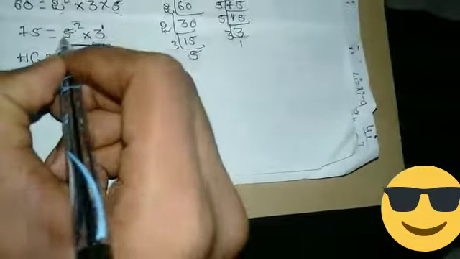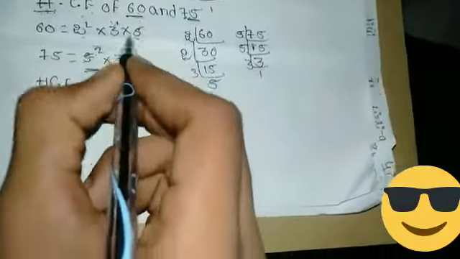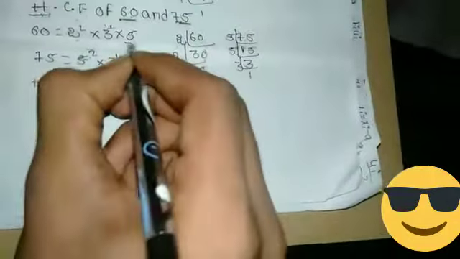LCM for the same means least common multiple. We take the highest powers. 5 square and 5, which is highest? Highest is 5 square. Then 3 power 1 and 3 power 1, take 3.